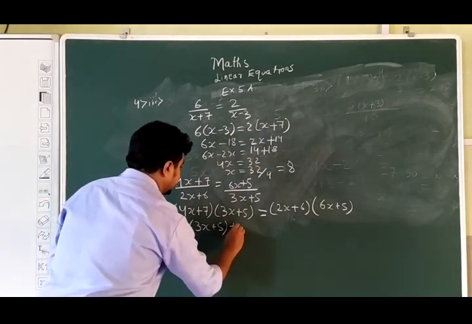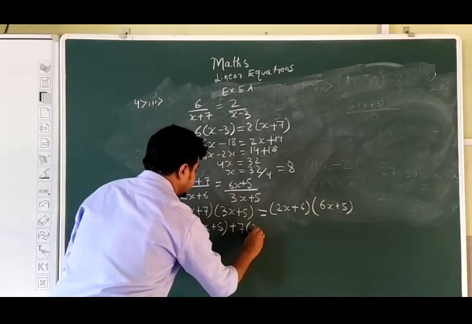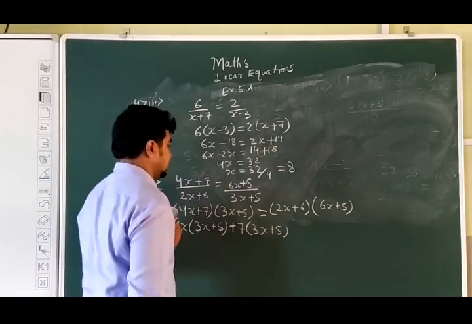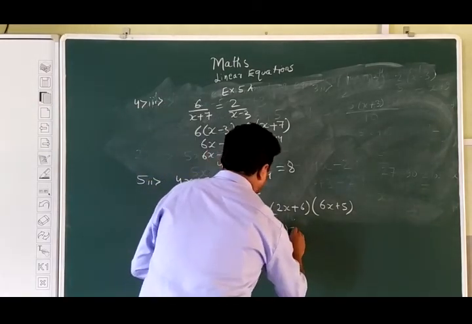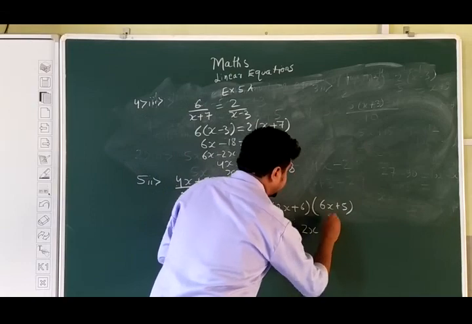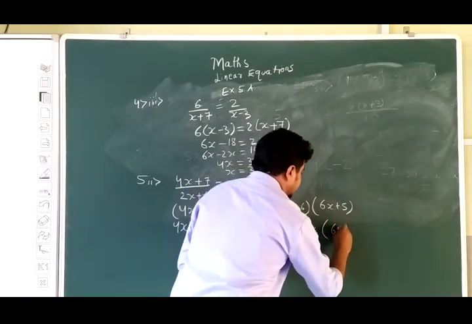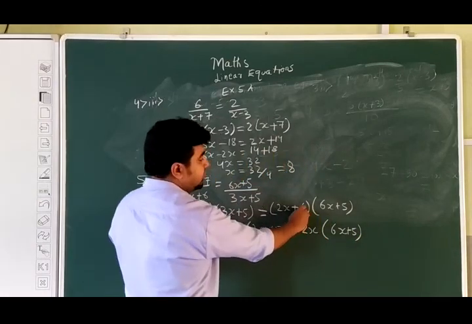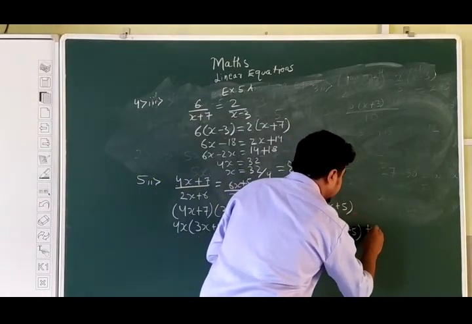Then I will write 7, then 3x plus 5. 2x I am writing, then the whole thing 6x plus 5. And I am writing plus 6, then 6x plus 5.